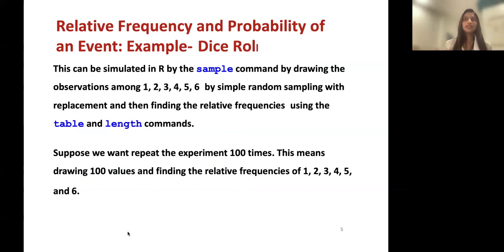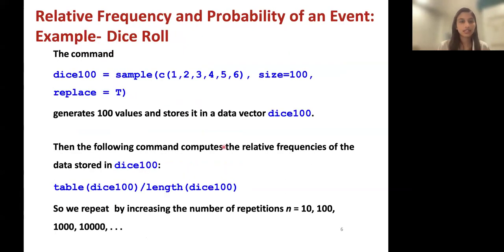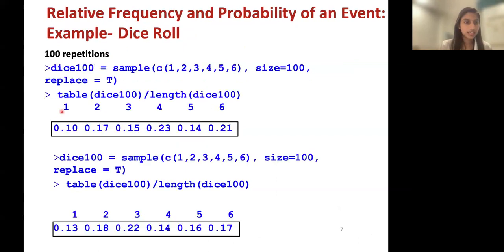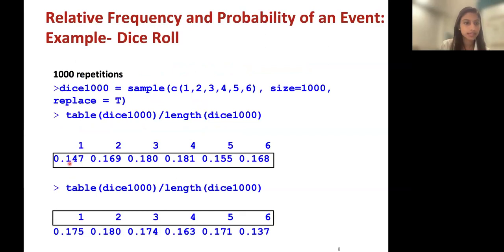Similarly, in the dice experiment, the probability of 1 is 1/6, and the probability of 2 is also 1/6. The 1/6 is 0.166 something. So we do the experiment for 100 times. We can see that the frequency of 1 is 0.1, 2 is 0.17, 4 is 0.2, and so on. Now we repeat for 1,000 times.